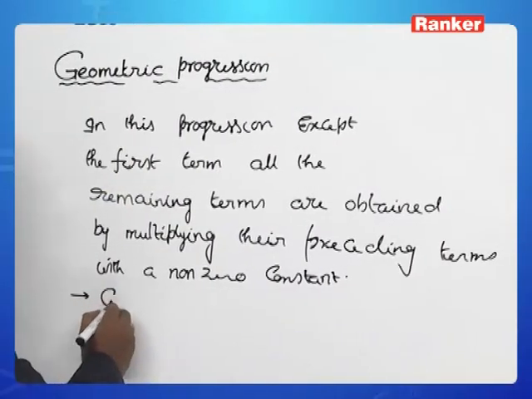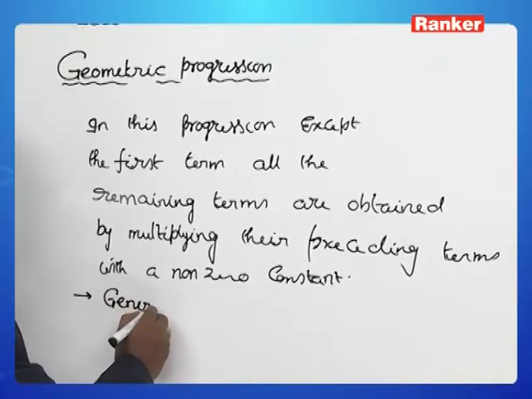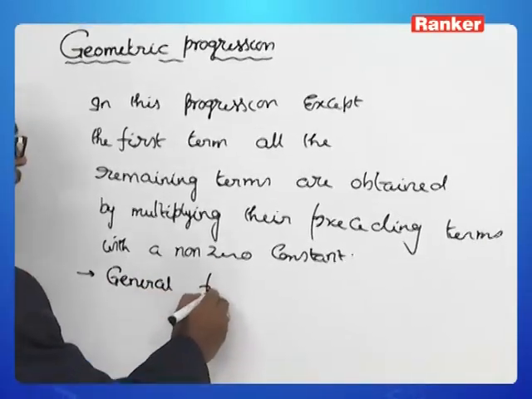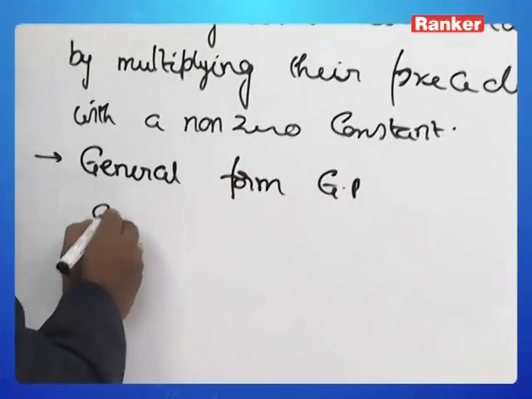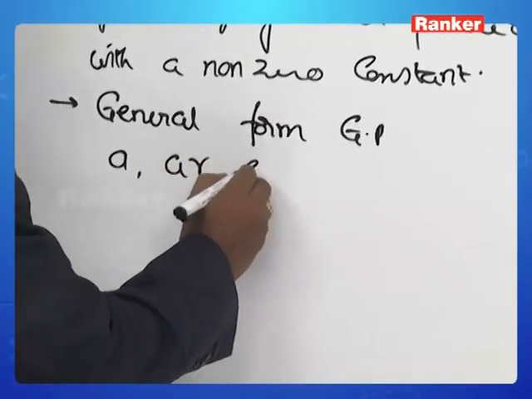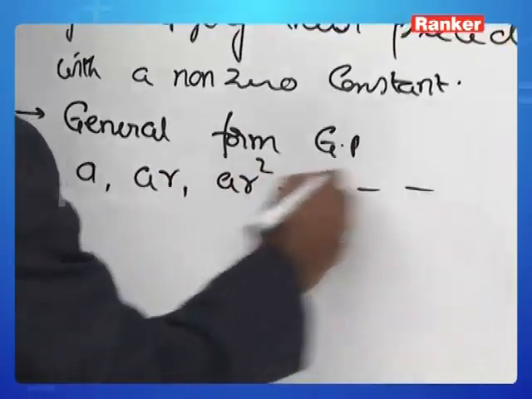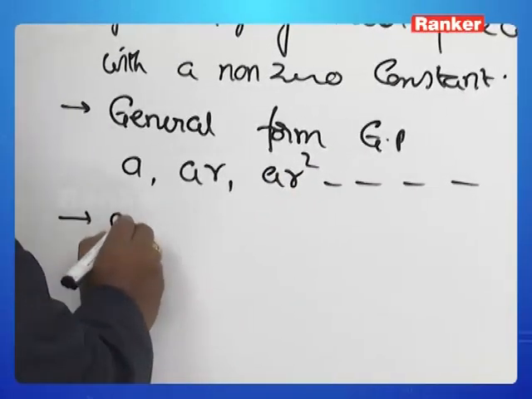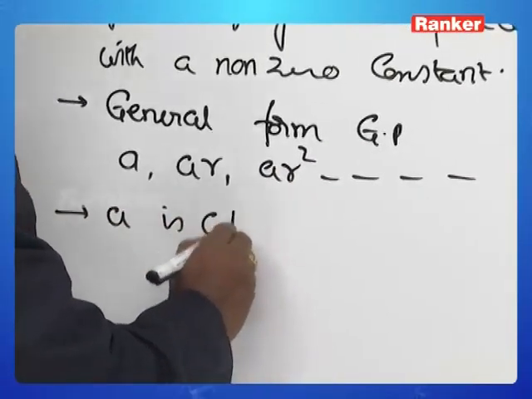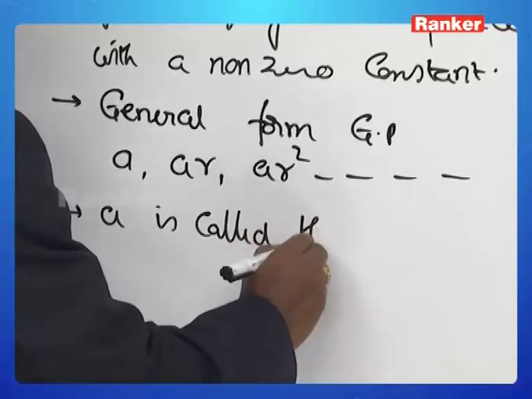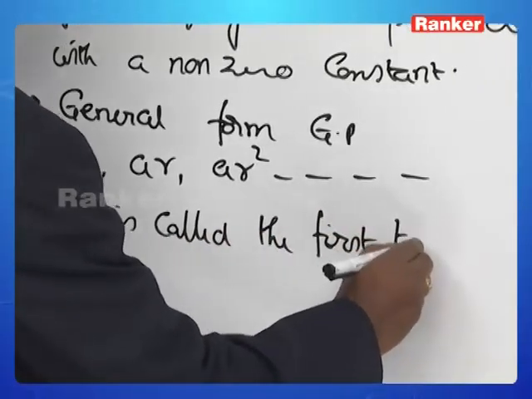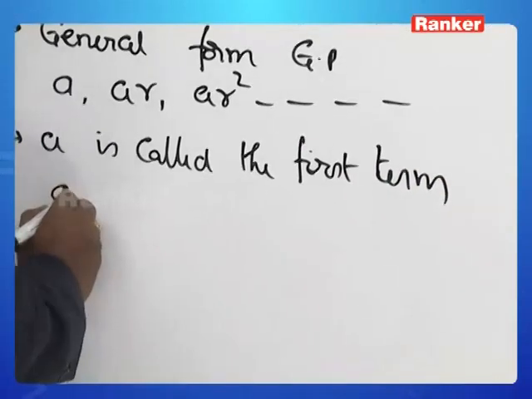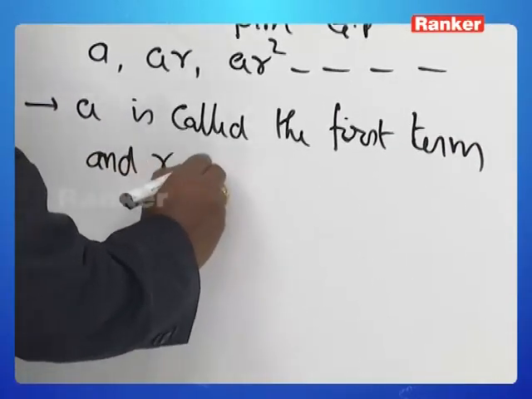Now, the general form of geometric progression. The general form of GP is A, AR, AR square, and so on. A is called the first term, and R is called the common ratio.